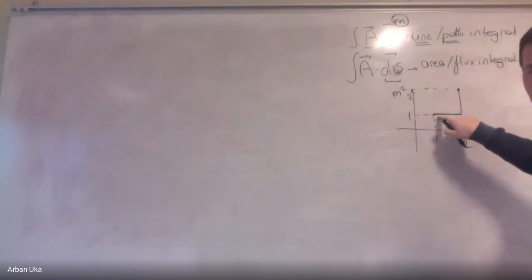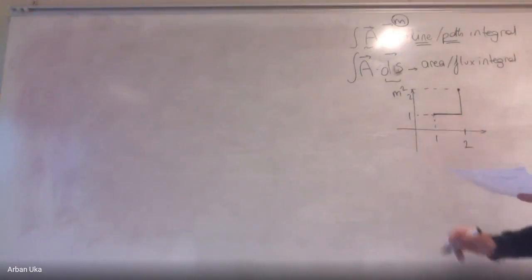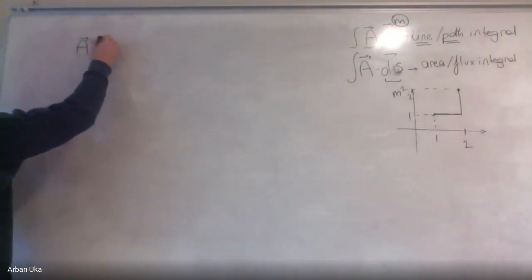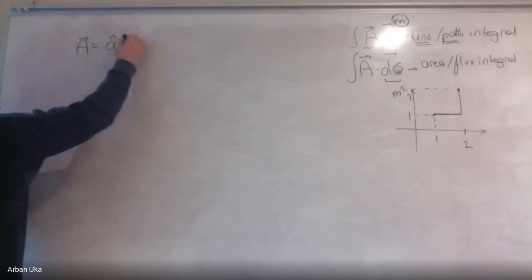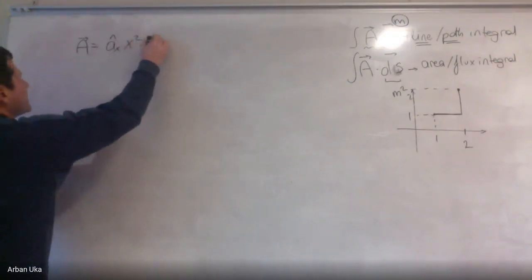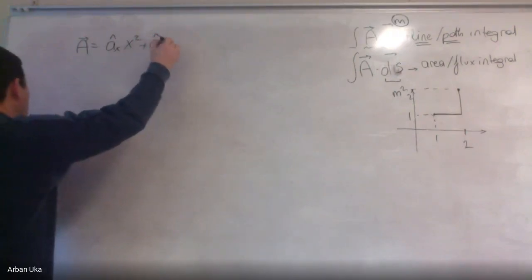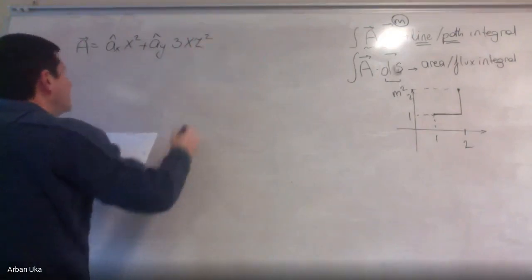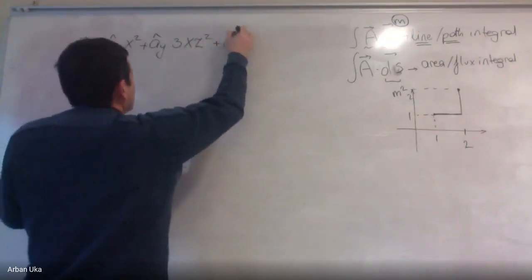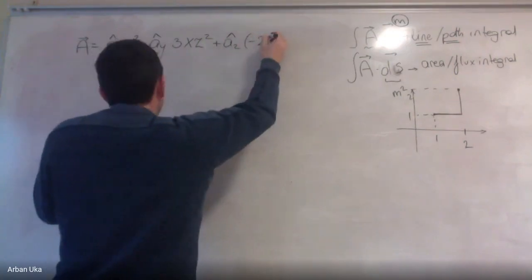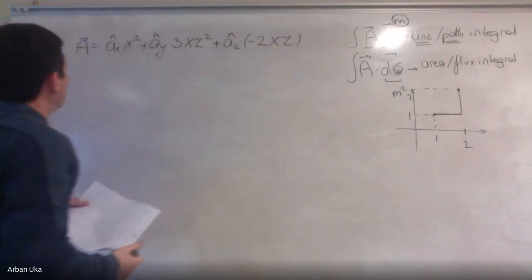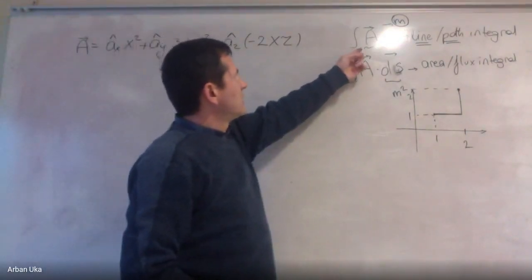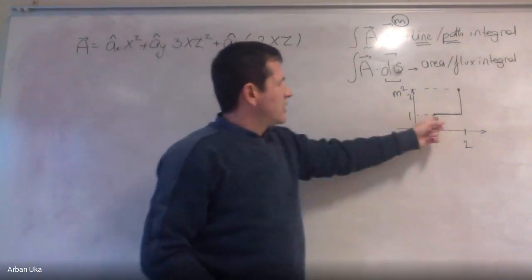Let's say that the vector we are going to consider is the following: A equals ax x squared plus ay 3x z squared plus az times minus 2x z. If we have this vector, we want to calculate the line integral of this vector across this path.